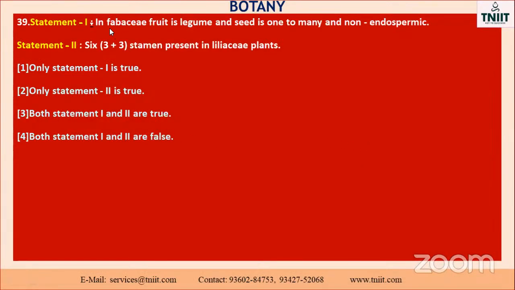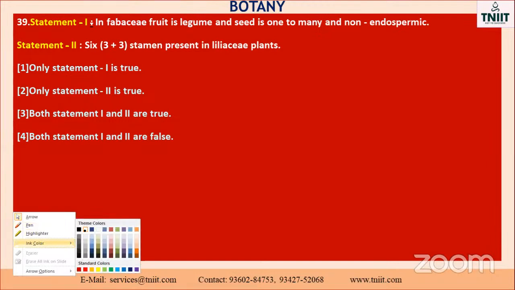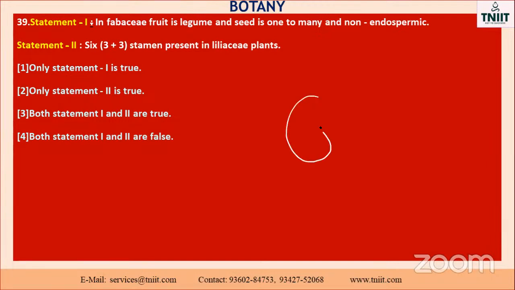The statement 1, in Fabaceae, fruit is legume. Yes, Fabaceae is a legume family. Already you know about Leguminosae. And also seed is 1 to many and non-endospermic. Yes, correct. Non-endospermic seeds. Legume family seeds look like bean seeds. Take an example, any one of the bean seeds like this.